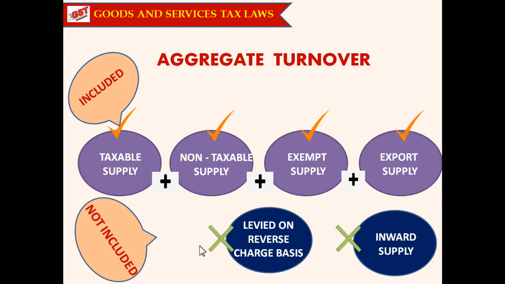Supplies on which tax is levied on reverse charge basis should be excluded, as well as inward supplies. These are the calculation points for calculating the aggregate turnover as per section 22.